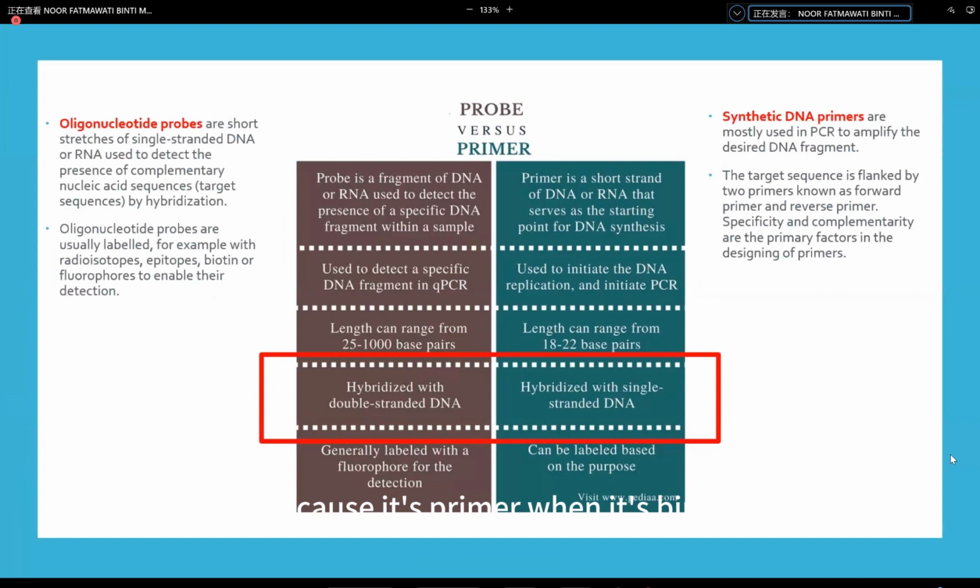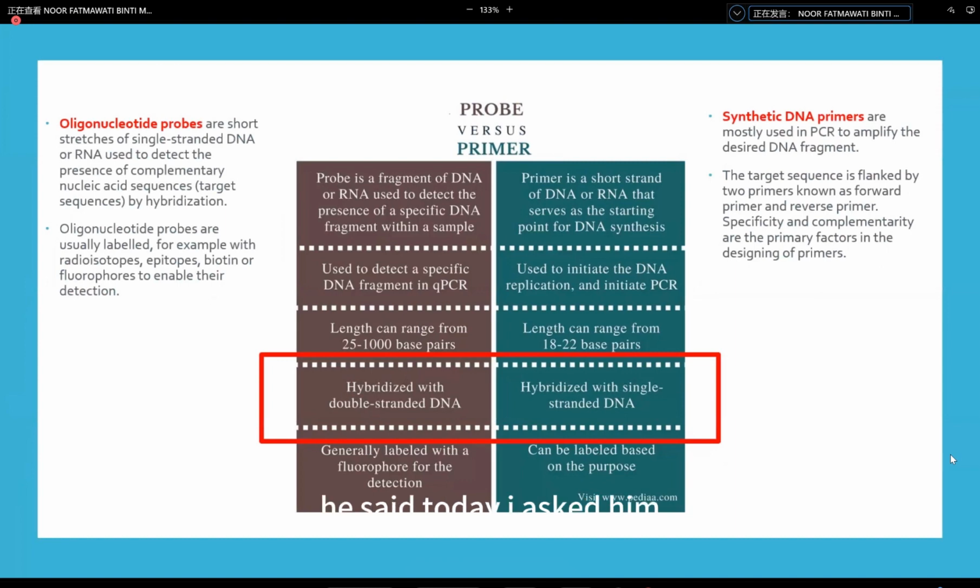Because of the primer, once it binds, it will initiate the amplification. And once it reaches the point where it meets the quencher, the quencher will be cut and removed, and now the fluorescence becomes fluorescent. Something like that, right?